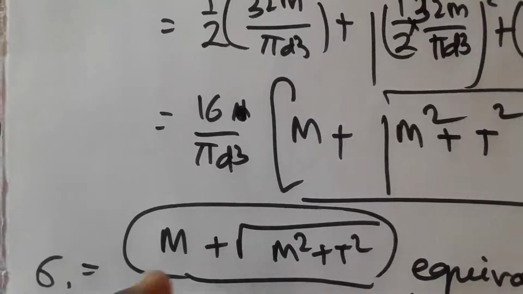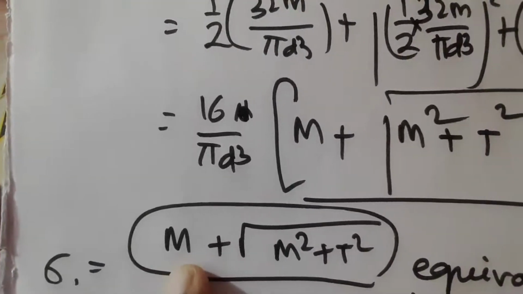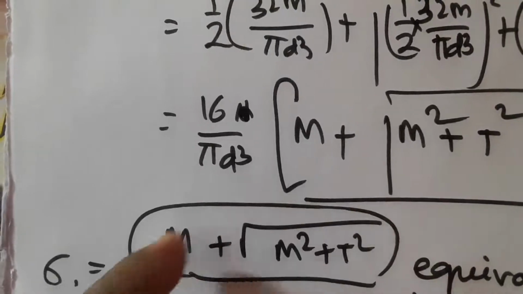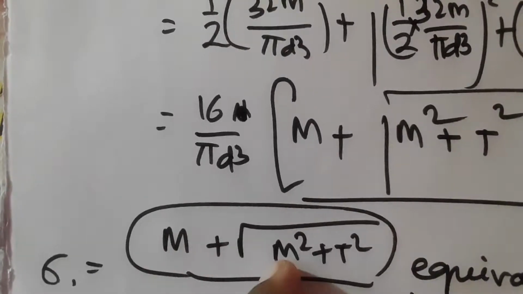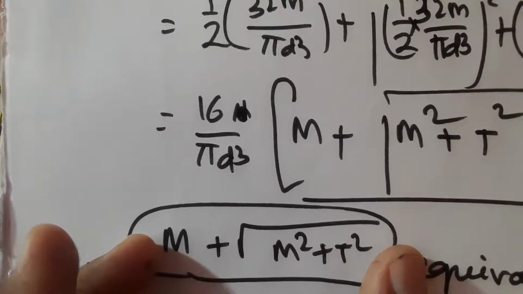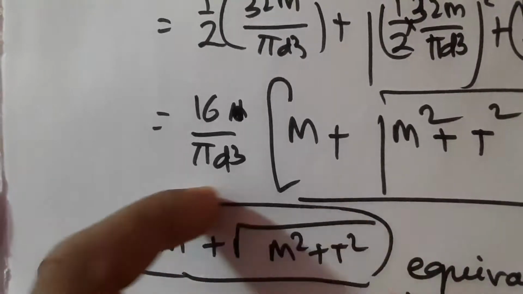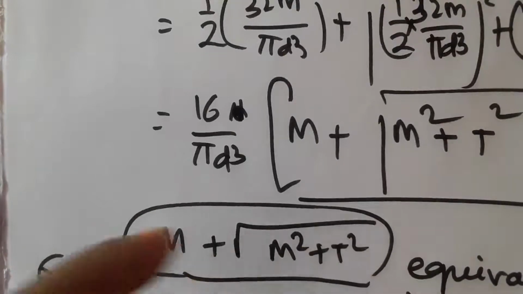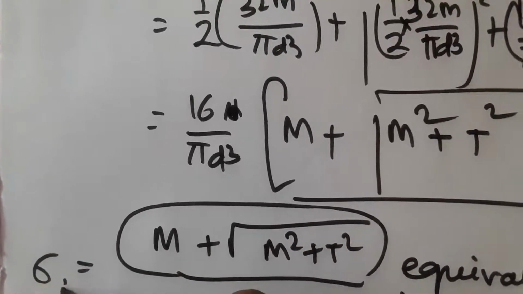That means if instead of applying only M, you apply a magnitude equal to M plus the square root of M squared plus T squared, this much bending moment is going to produce sigma 1.